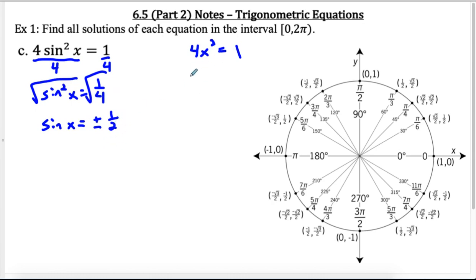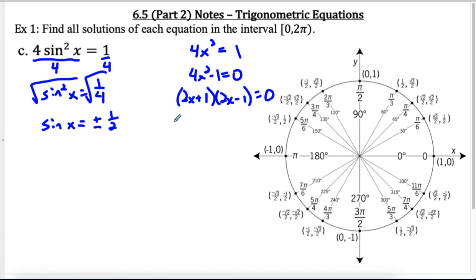Now, real quick, let me just talk about the other way we could have solved this to get to this point. I could subtract the 1 over here, 4x squared minus 1 equals 0, and then this is a difference of squares. So this would actually factor into 2x plus 1 times 2x minus 1.